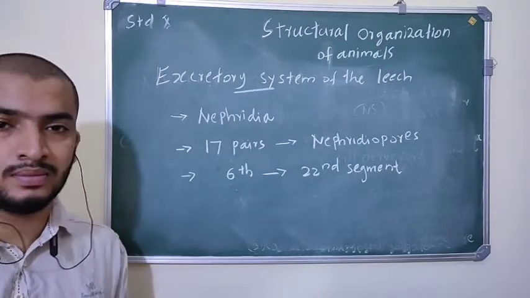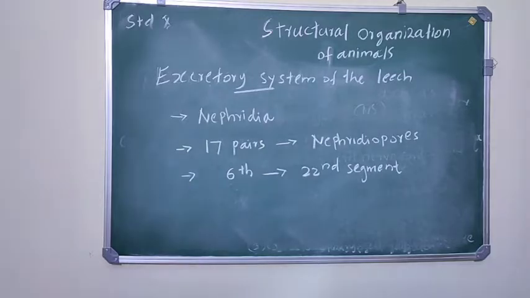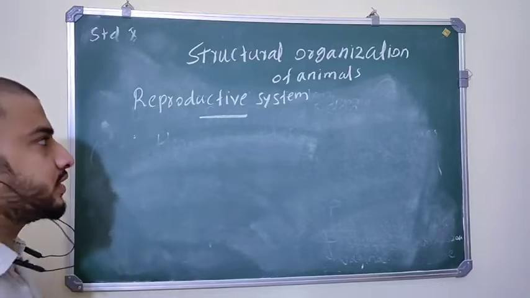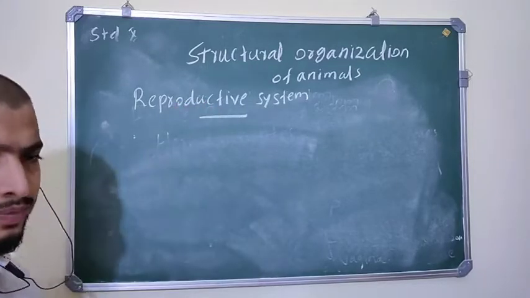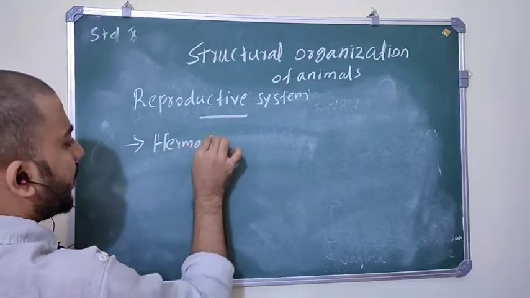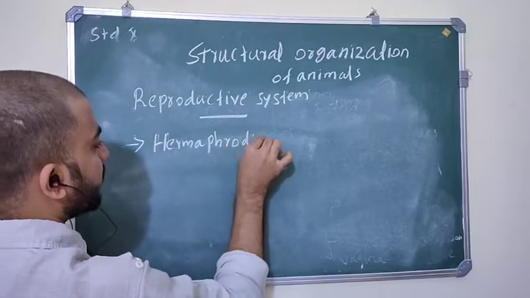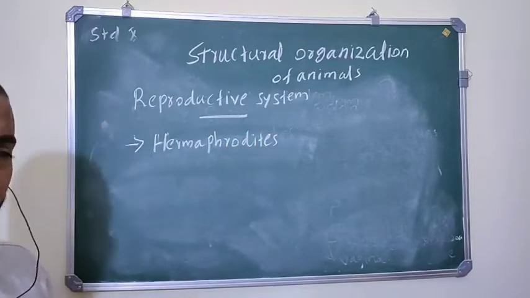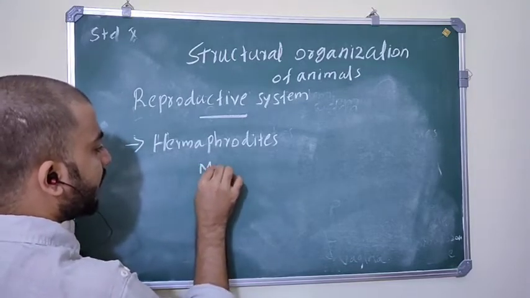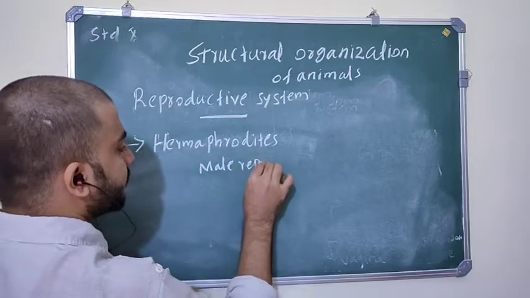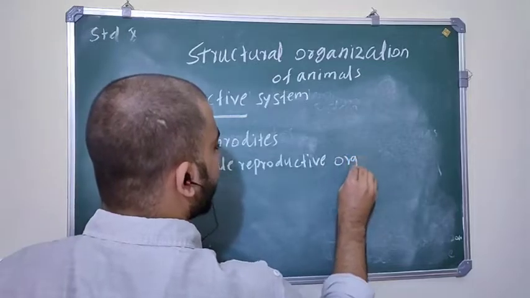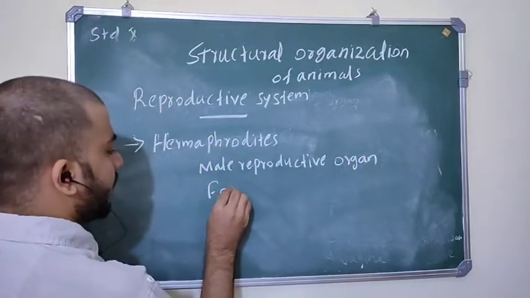Okay. So next we are going to discuss the reproductive system in leech. Leeches are hermaphrodites. So what is meant by hermaphrodite? A hermaphrodite is an animal which has both a male reproductive organ and a female reproductive organ.